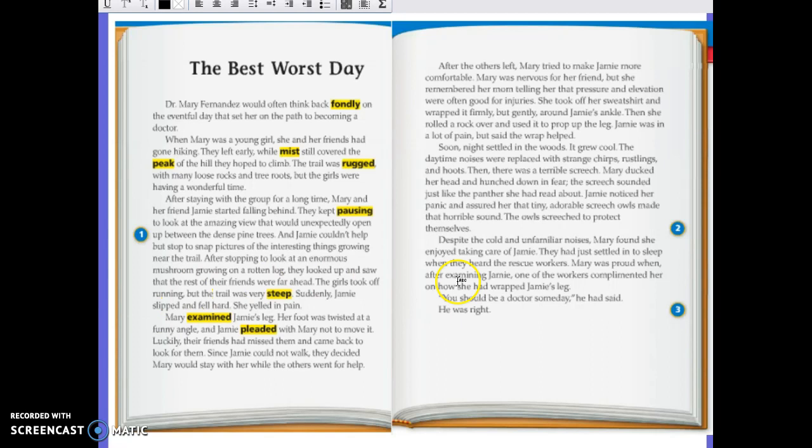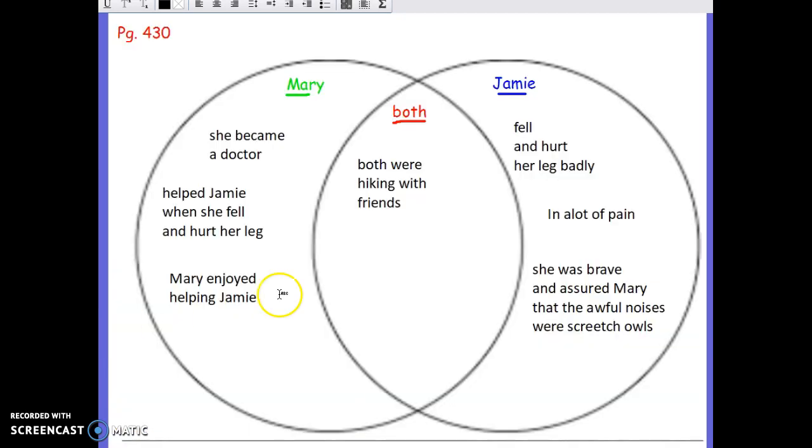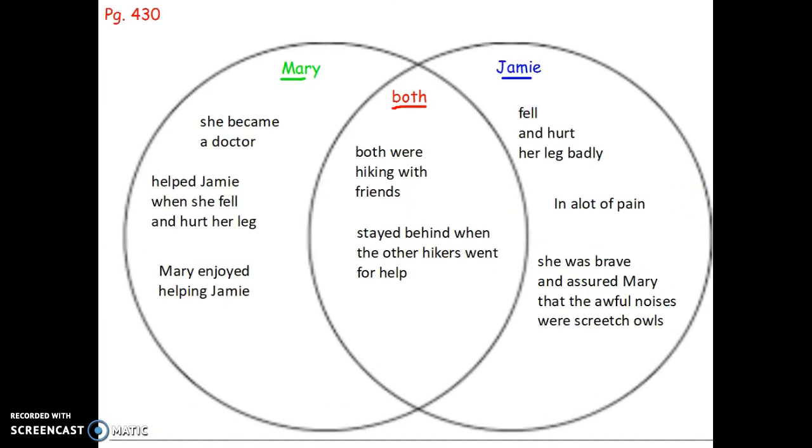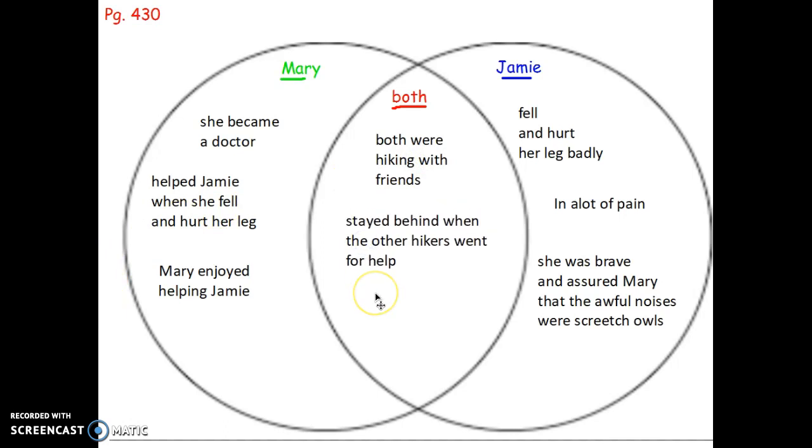Okay, they both had to stay behind when the other hikers went for help. So the two of them were left behind on the mountainside in the forest with all the spooky noises and wildlife, while the other hikers went for help.